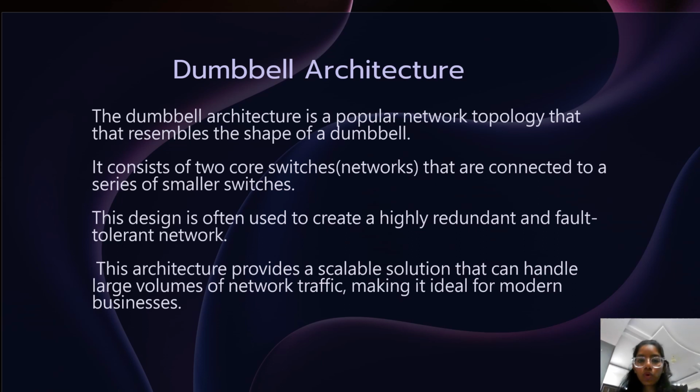It consists of two core switches, also called networks, that are connected to a series of smaller switches. The design is often used to create highly redundant and fault-tolerant networks, which is one of the main functions of network management. This architecture provides a scalable function that can handle large volumes of network traffic, and it makes it ideal for the modern business.